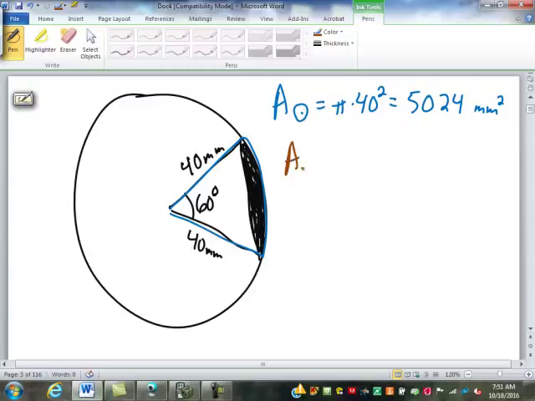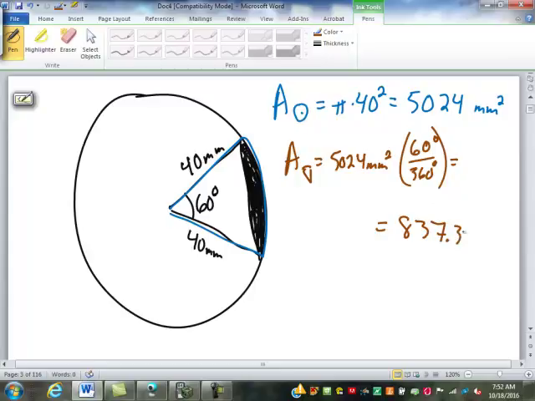For the area of the sector, then, what do we do with that 5,024? 60 over 360. Which is going to give us 837.2. So that is the area of the sector.